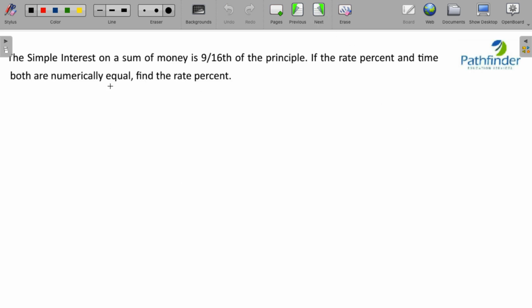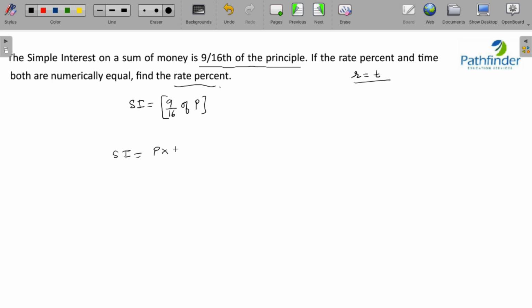Next, the simple interest on a sum of money is 9/16 of the principal. If the rate percent and the time are both numerically equal, find the rate percent. So we are told that simple interest is 9/16 of the principal. And the other information that we have is R and T are same. What is your formula?